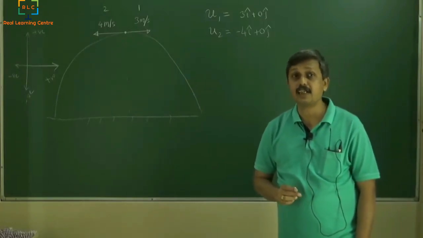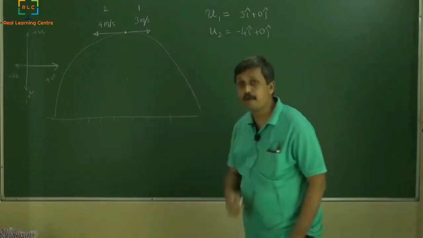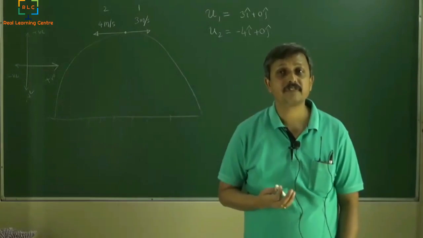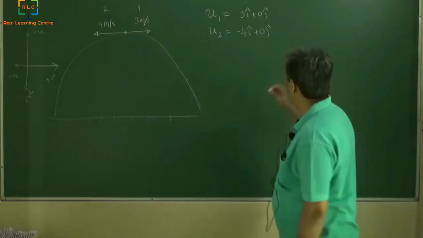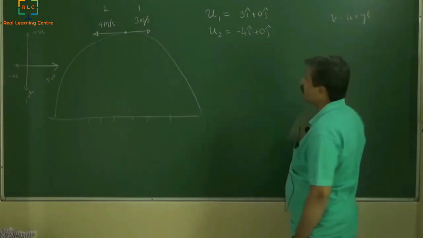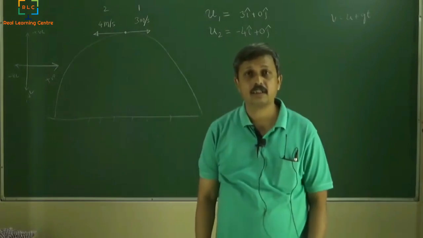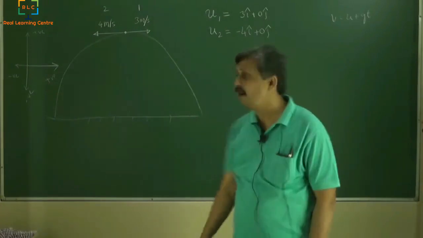Vertical velocity will not remain the same. Because it is falling down, it will keep on increasing, in the form v = u + gt. Do you agree?